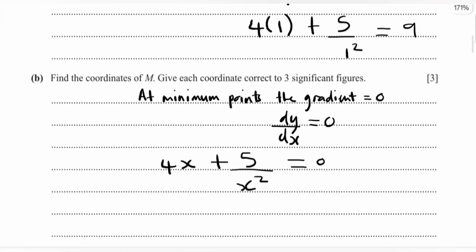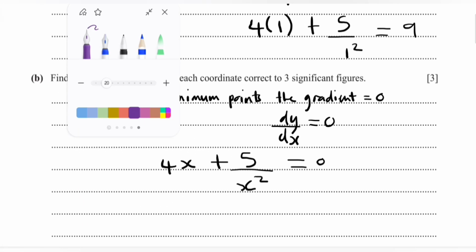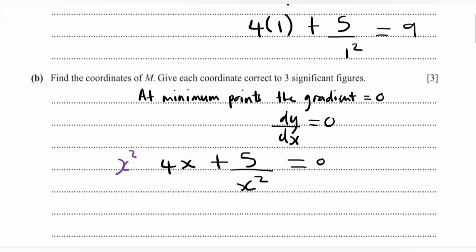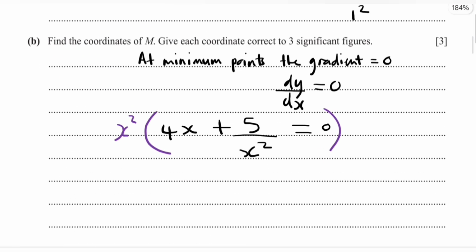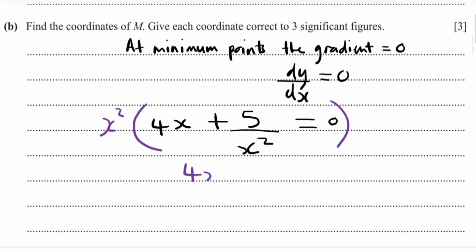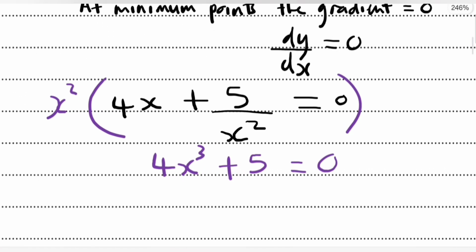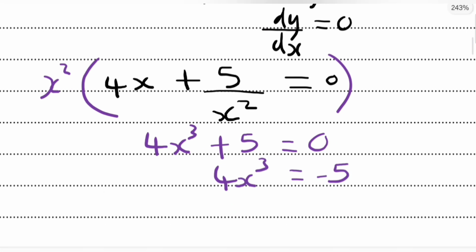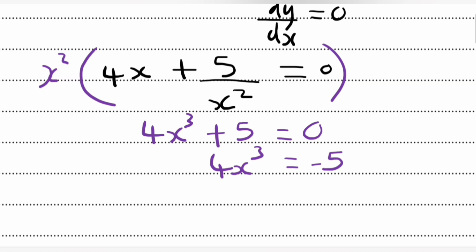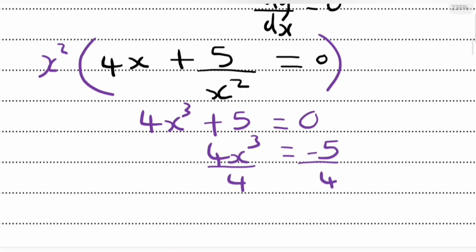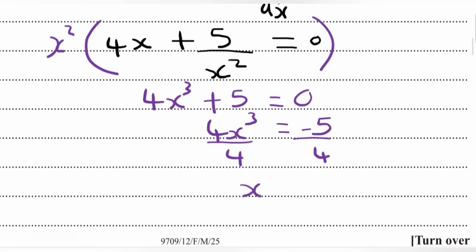So in trying to solve this, we're going to first multiply everything by x squared, and this will give us 4x to the power 3 plus 5 being equal to 0, like that, right? And taking that 5 to the other side to be minus 5, so 4x to the power 3 is equal to minus 5, right? And so we divide both sides by 4, and this will give us x to the power 3 is equal to minus 5 over 4, right?